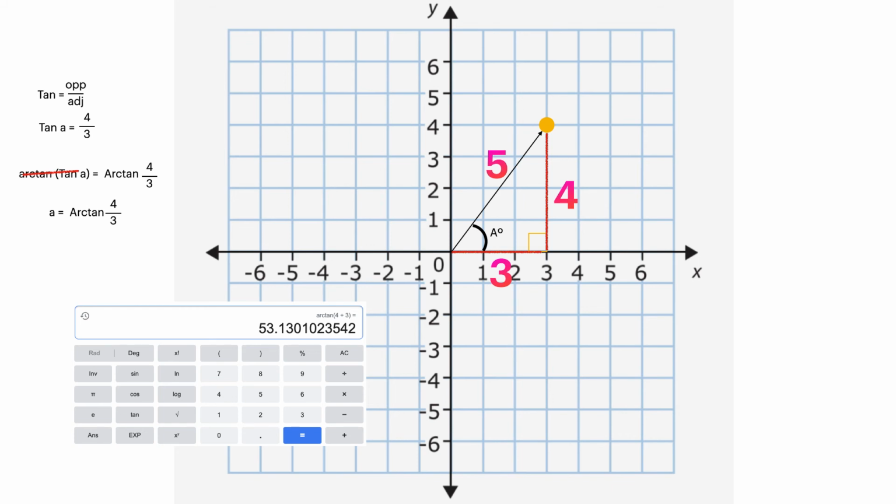Now, remember our equation was in the form (r, A). I don't know why I wrote x there. So we know that it's (5, 53.13) because that's where we got our answer. Now that's a very specific case.